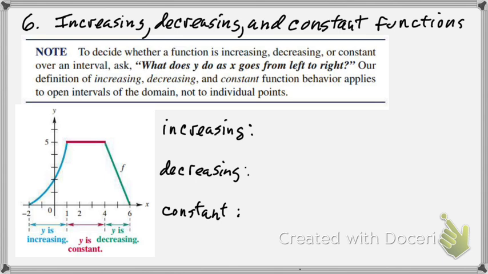What's the important stuff? This. What does y do as x goes from left to right? That's the big deal. As x is moving from little to big, what's happening to the y's?